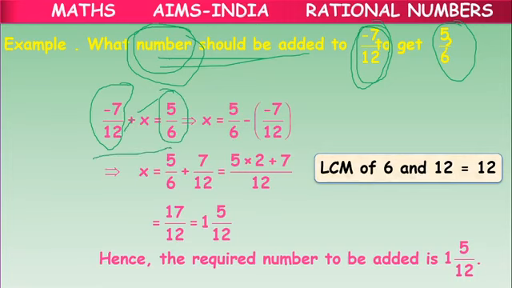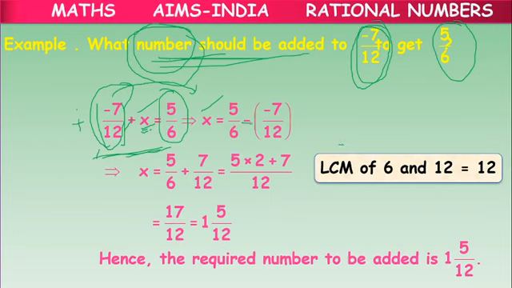So we will write like this. The given data is expressed in this way, in symbolic form. Now we want to find the x value. We will keep x on the left hand side as it is. We will take minus 7 by 12 to the right hand side. If it has a plus symbol on this side, when it goes to the other side it will become a minus symbol.